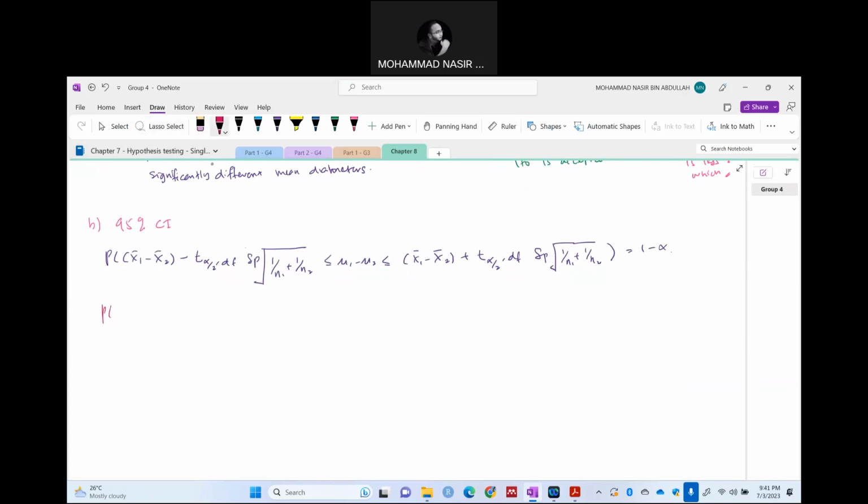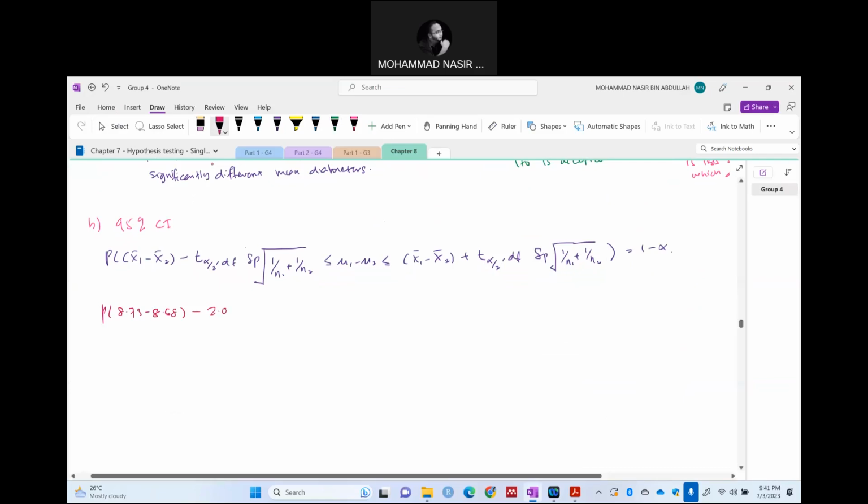So it is 8.73 minus 8.68, plus and minus 2.042 times 0.614 times the square root of 1 over 15 plus 1 over 17.